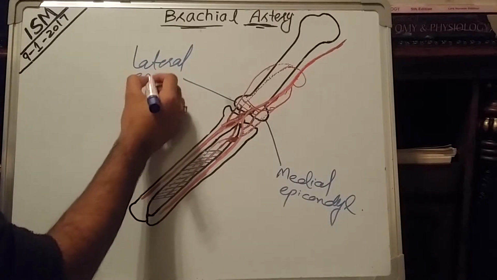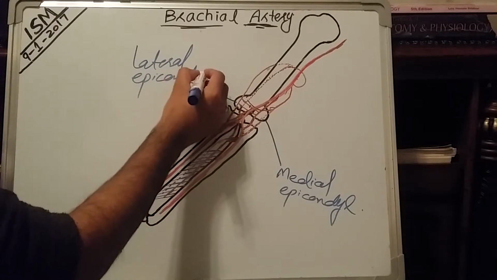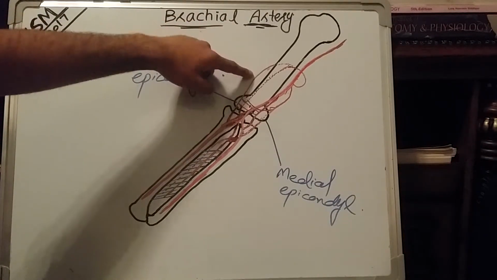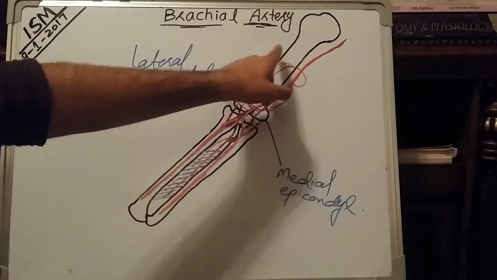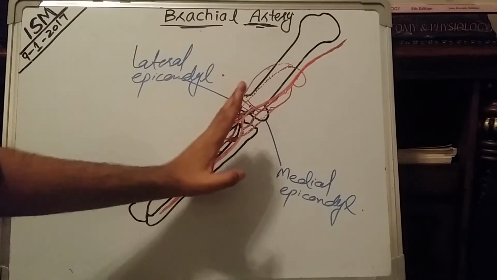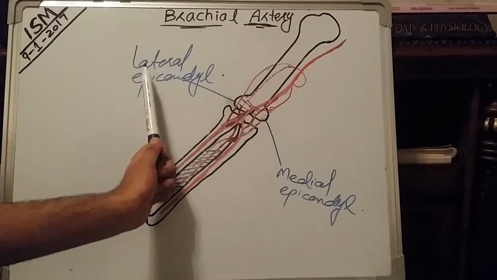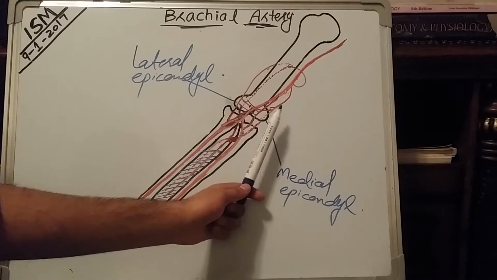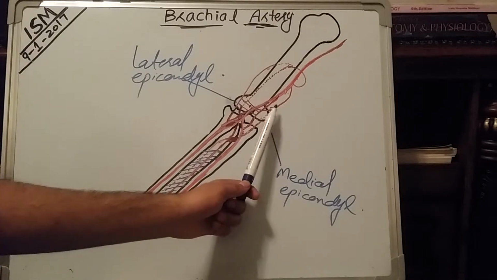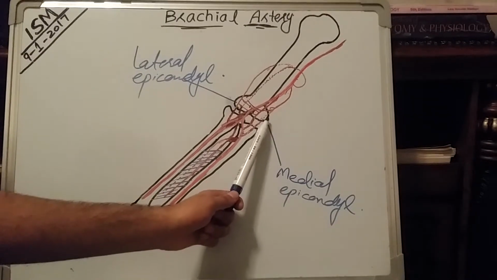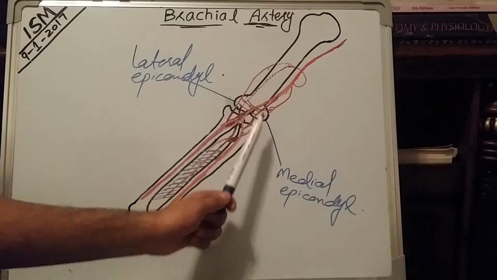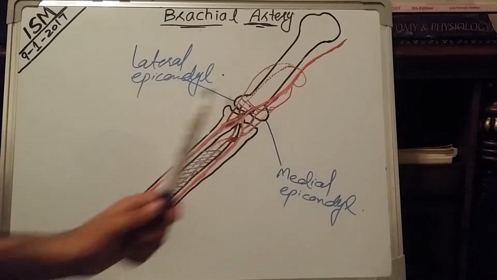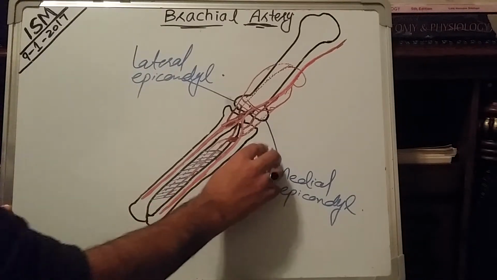The radial collateral artery comes from the back side of the humerus bone to the front side of the lateral epicondyle. And the superior ulnar collateral artery migrates to the back side of the medial epicondyle and forms an anastomosis with the ulnar recurrent artery. So I will write the names here accordingly.